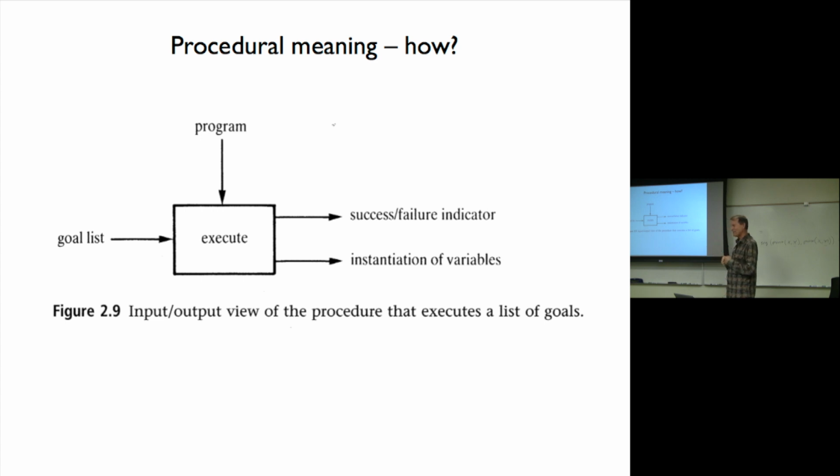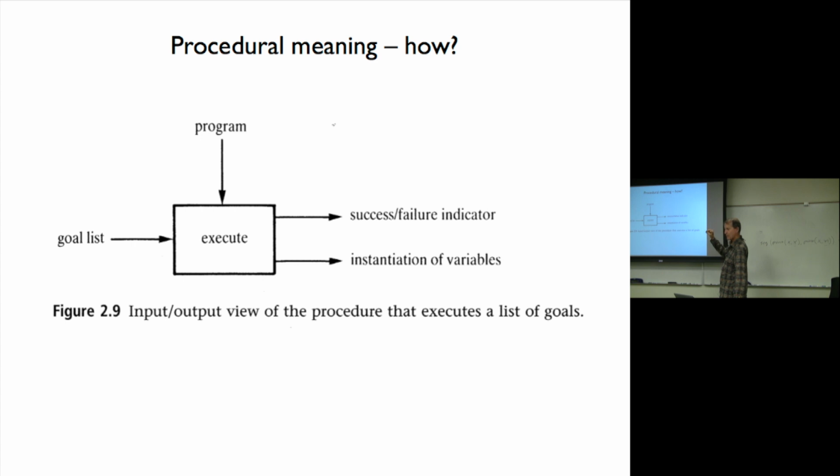Are you with me? Even though you don't have to actually write the program, you have to understand how to specify it, knowing how the program works. So in general, when you write down your query, what you give it is a goal list. That's your query. And then the program is what's stored that gets compiled.